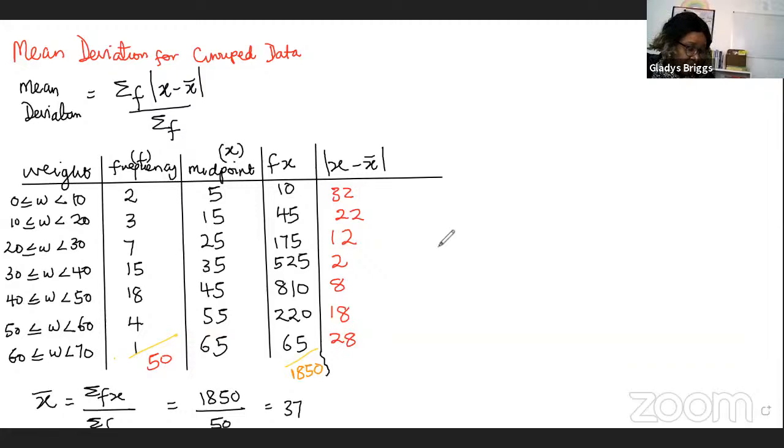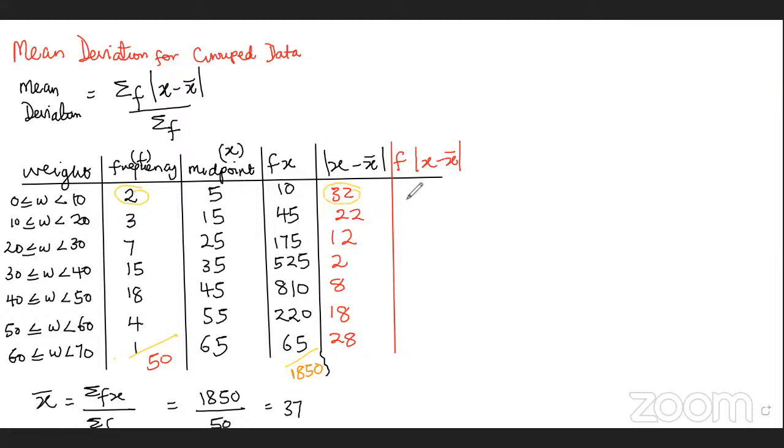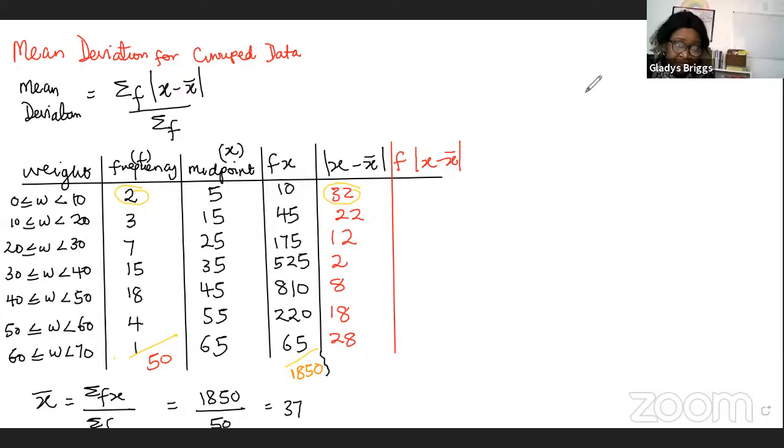Now, F times the absolute value of X minus X bar. Okay, so F was 2 times this one. I'm going to circle the ones you are multiplying. F times X minus X bar is going to give you what here? 2 times 32 is 64.